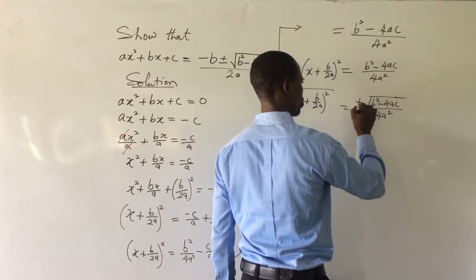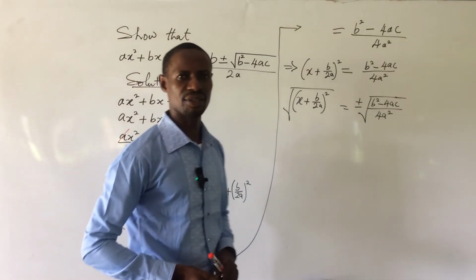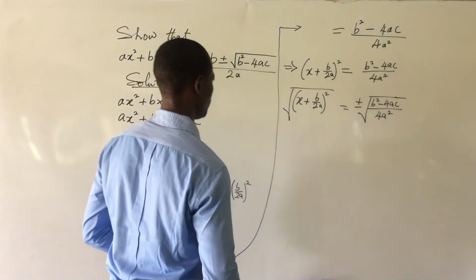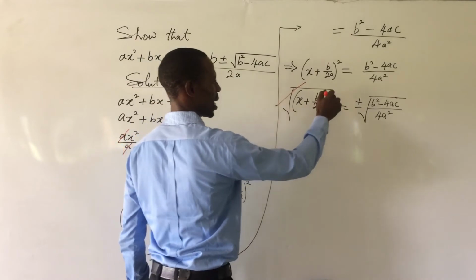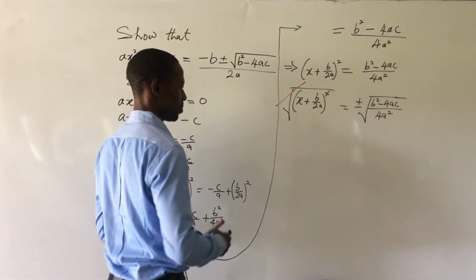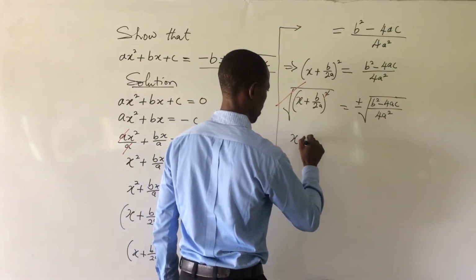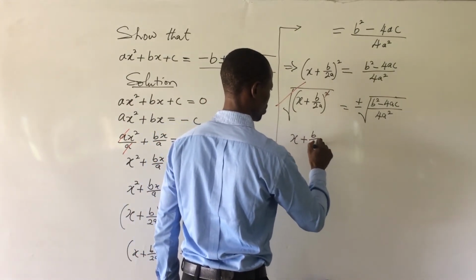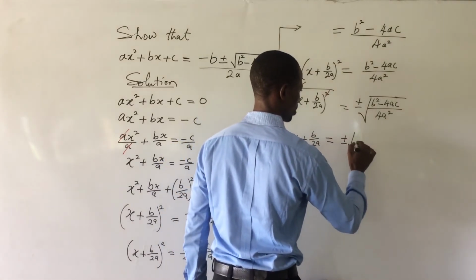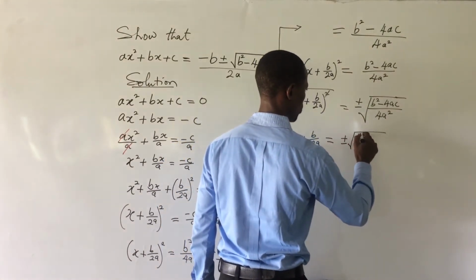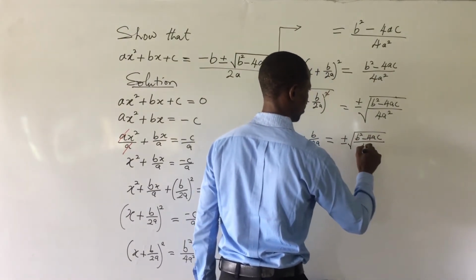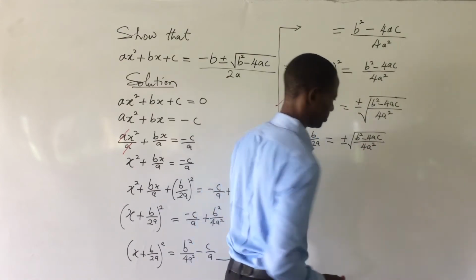At this point, you will introduce a plus minus sign to the right hand side of the equation. And from here, this square root sign will go with this 2. So your x plus b over 2a is now exposed. So we now have here x plus b all over 2a is equal to plus minus the square root of b squared minus 4ac all over 4a squared.